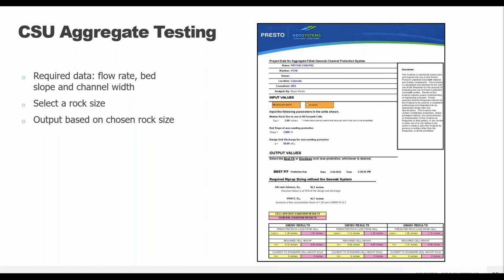And so what you can do is you can see how the size compares before and after using the GEOWEB system. This project uses a 2-inch crushed aggregate confined within a 6-inch GEOWEB. And then the tool also compares the GEOWEB solution to riprap sizing for both the Johnson method and the U.S. Army Corps of Engineers design formulas.